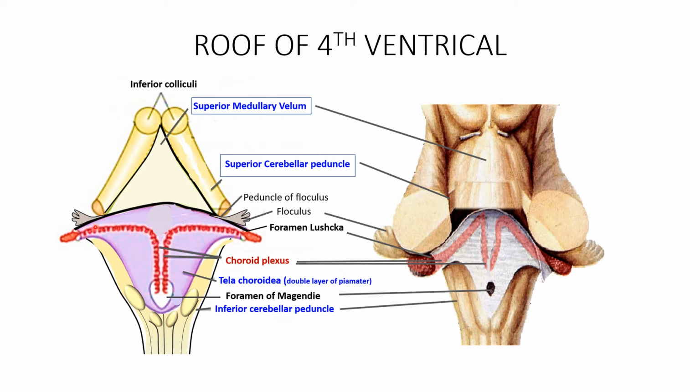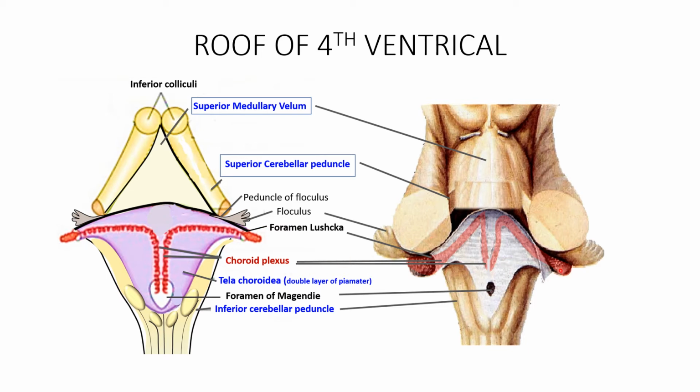The horizontal limb, here you can see this is the horizontal limb of the plexus, on either side extends into the lateral recesses. Here you can see the lateral recesses, and it is produced through the lateral aperture. You can see this is the lateral aperture that is called the foramen of Luschka, into the subarachnoid space. So this is what we can appreciate over here.